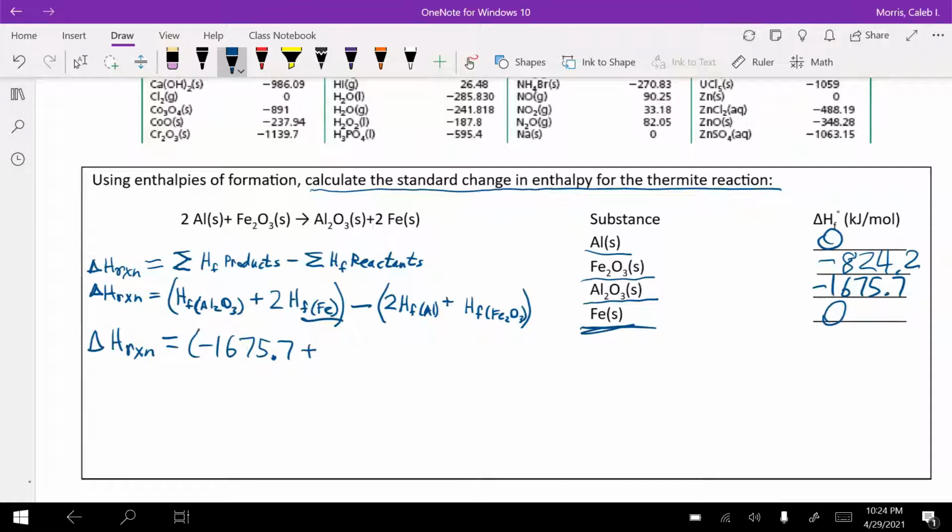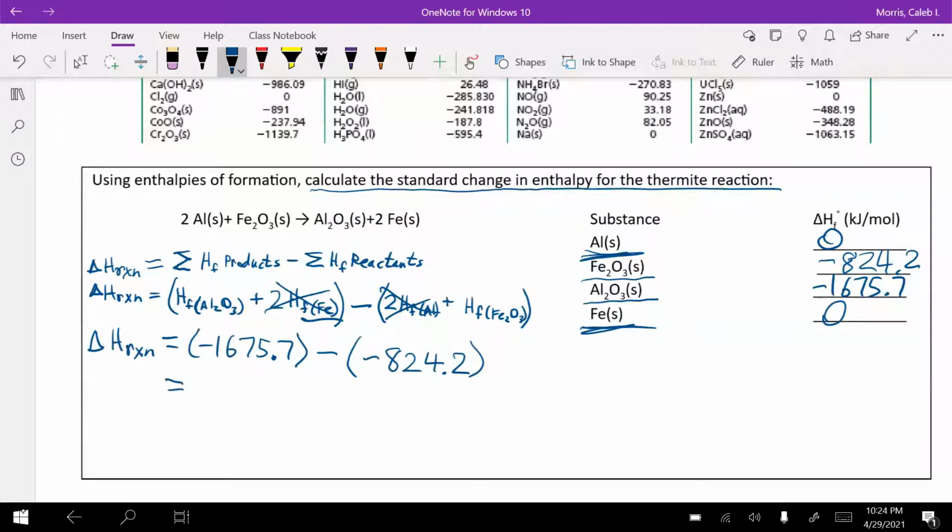Oh wait, that's just 0, so plus 0, which is really not going to do anything. I could actually leave that out. Minus 2 times the enthalpy of formation of aluminum. Aluminum is just 0. I could leave that out. So I really don't need these two factors. And the enthalpy of formation of Fe2O3, which is negative 824.2.